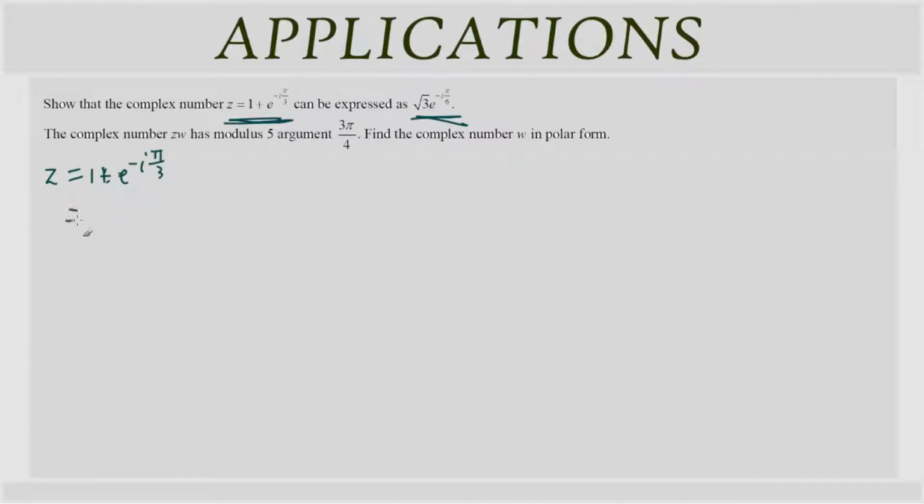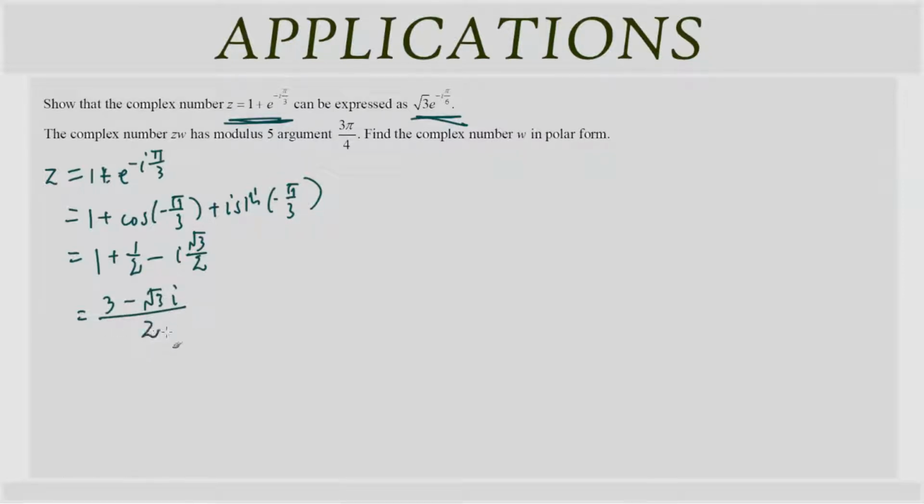So we have z is equal to 1 plus cosine of negative pi over 3 plus i sine of negative pi over 3, and that's equal to 1 plus, now cosine pi over 3 is equal to cosine negative pi over 3, so that's equal to a half minus i sine of pi over 3, which is root 3 over 2, and we get 3 minus root 3 i, whole thing over 2.